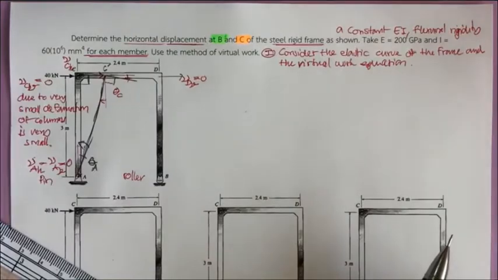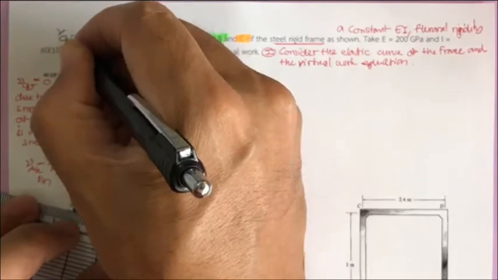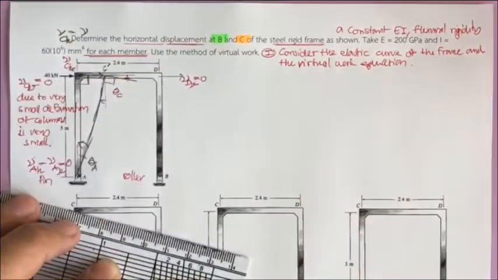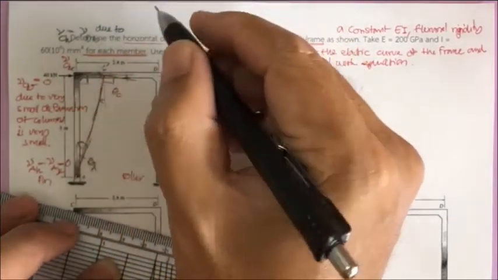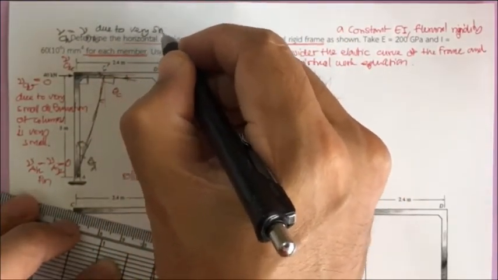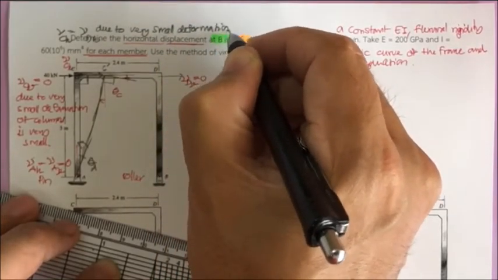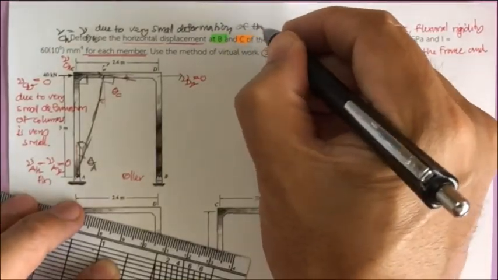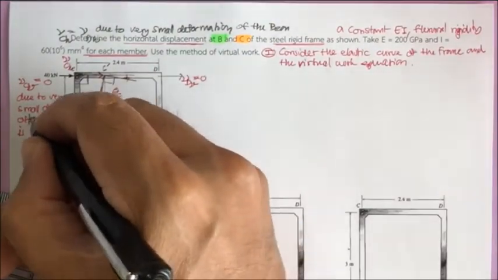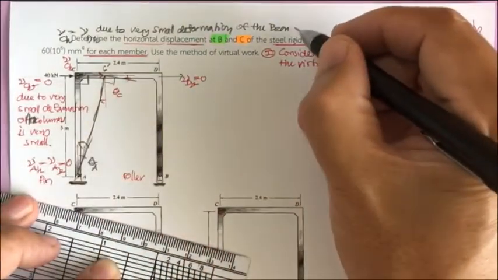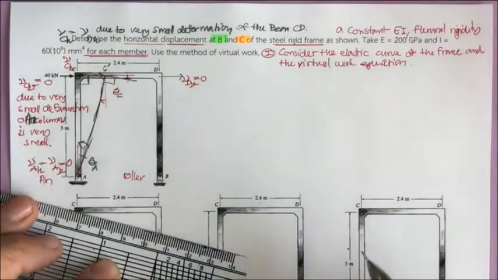Because V sub C H is going to equal the displacement V sub D H, due to the very small deformation of the beam CD.